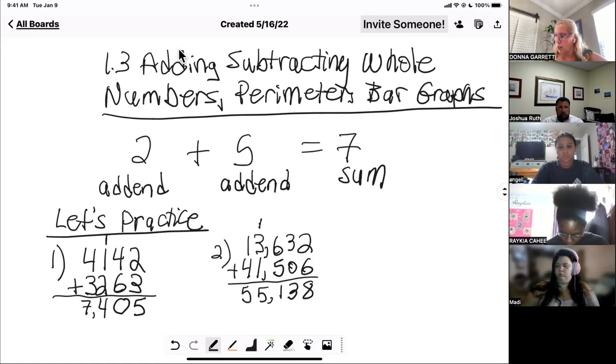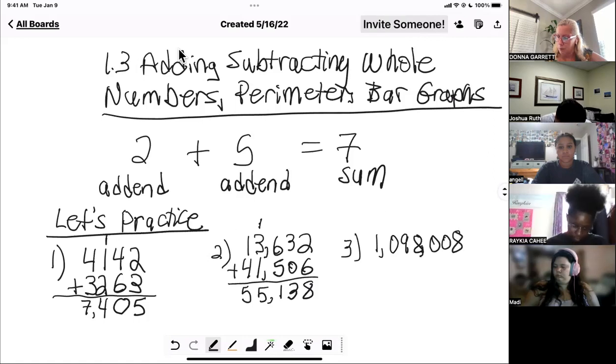And then let's try a big one. 1,098,008 plus 432,346.